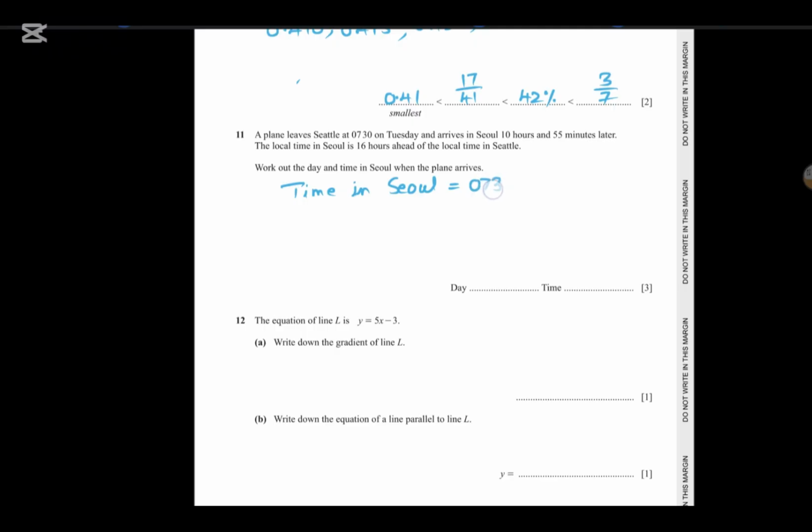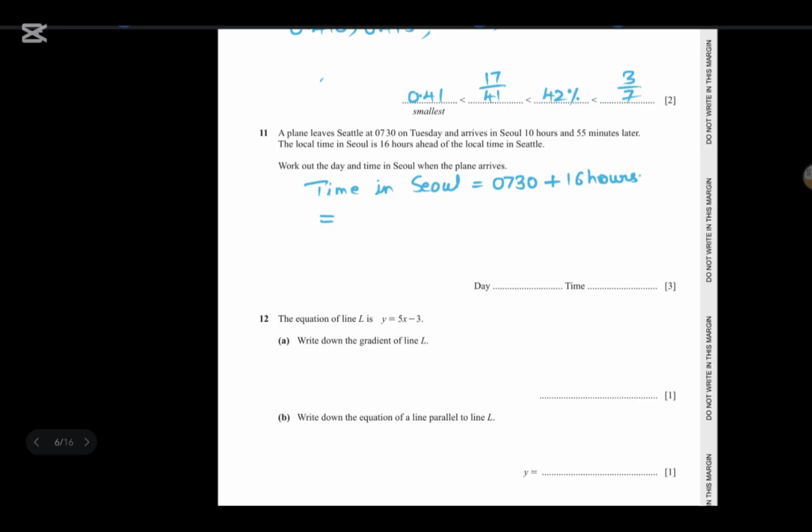So 0730, add 16 hours to it. When you add 16 hours to 7:30, from morning 7:30 to evening 7:30, when you add 12 to it, it becomes 19:30. 12 hours is 19:30, that is evening.